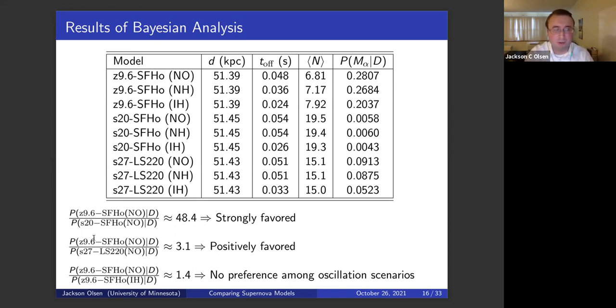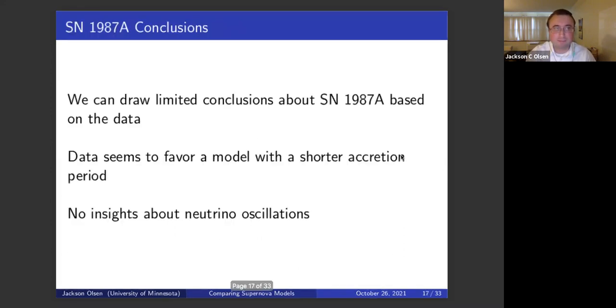The evidence isn't quite as good in favor of 9.6 over 27. There we get something just over 3. So there's some evidence in favor of 9.6, but not a lot of evidence. And then finally, if we take one model and compare between oscillation scenarios, we see that there's really no preference among the different oscillation scenarios.